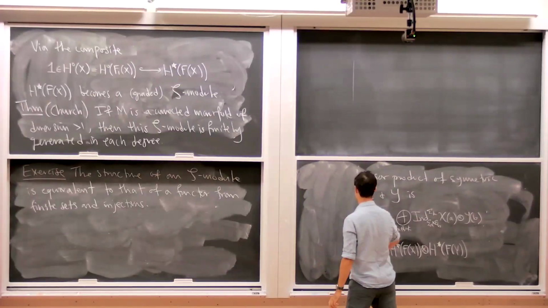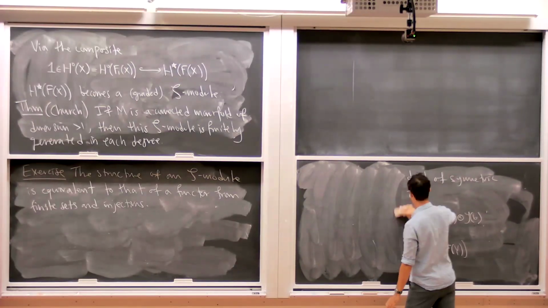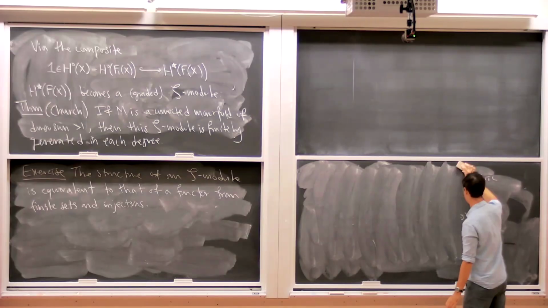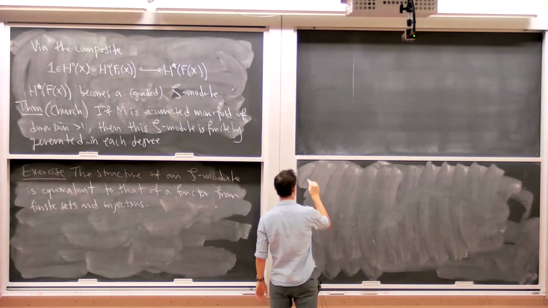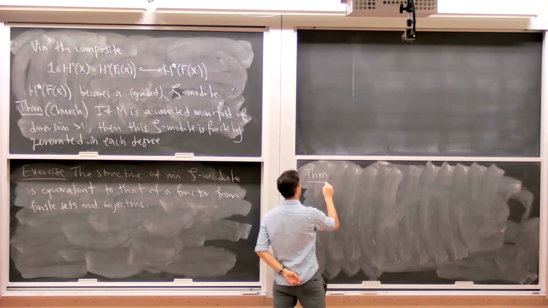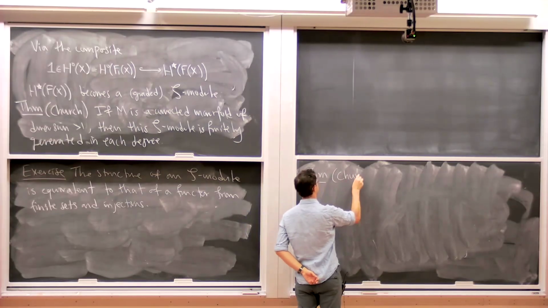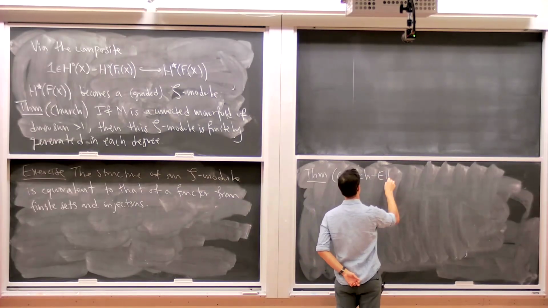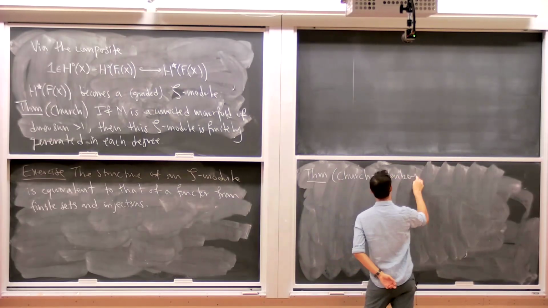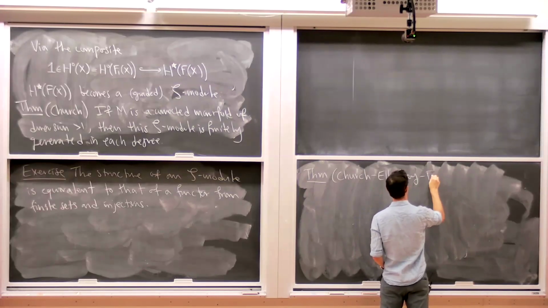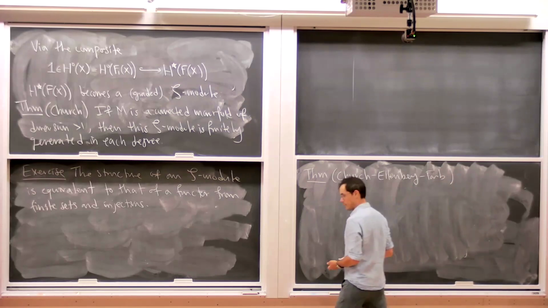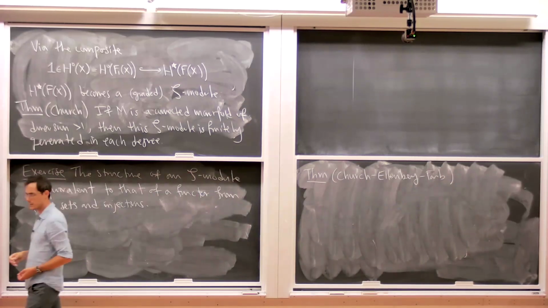The structure theory that is analogous to the theory of the Hilbert polynomial is the following theorem of Church, Ellenberg, and Farb. Which says the following.